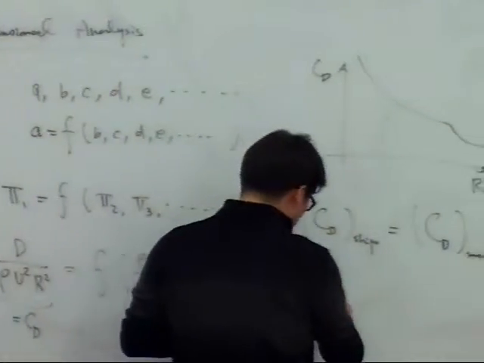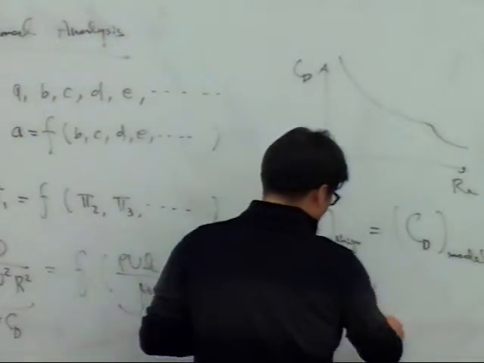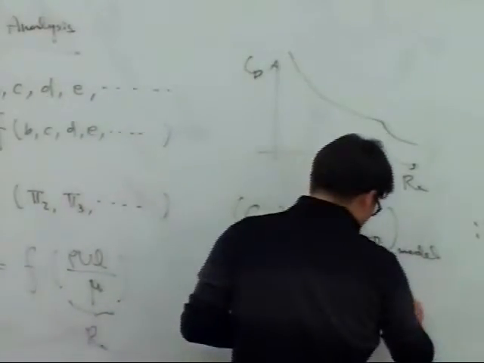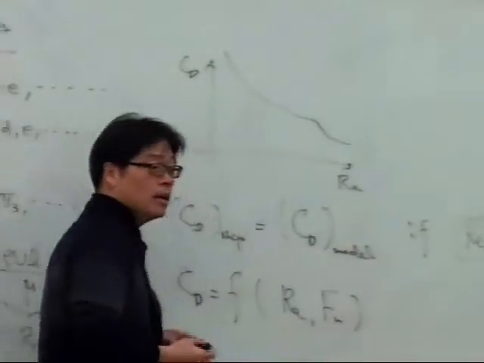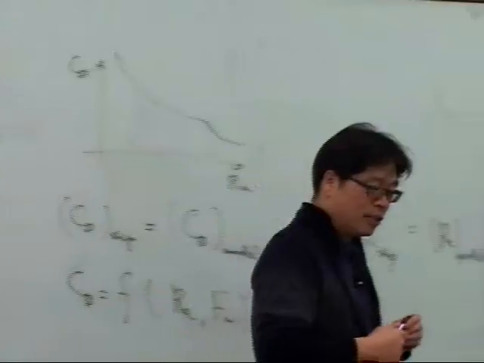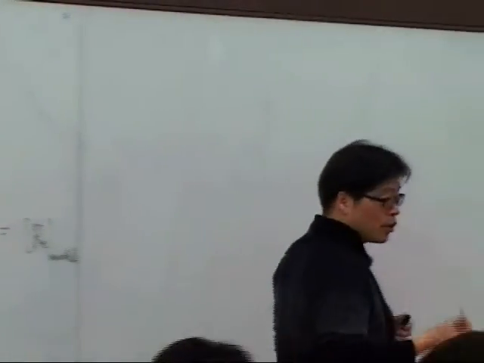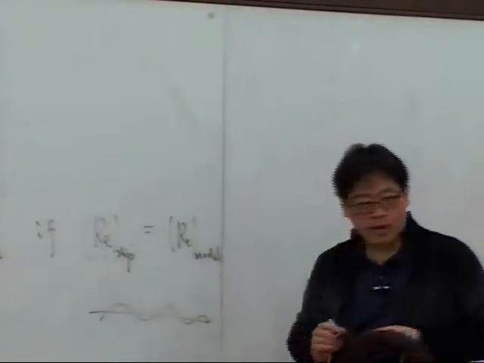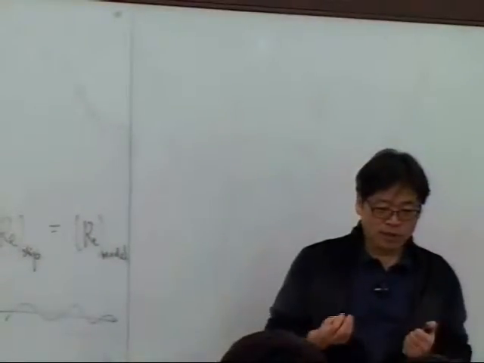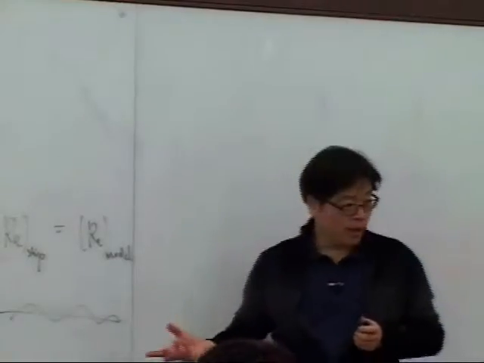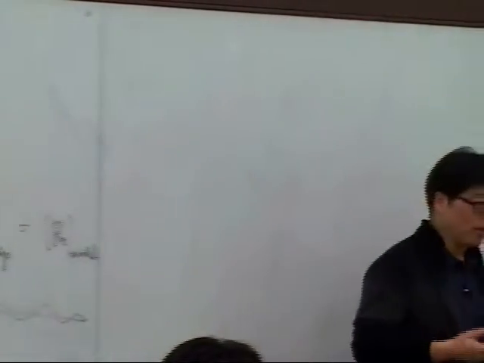Typically for surface ships, the drag coefficient would be a function of the Reynolds number and typically the Froude number. The Froude number is another pi term that you can get if you include gravity in the problem. Whenever you have waves, gravitational acceleration plays a role in generating the waves. If you don't have gravity, you don't have the waves.